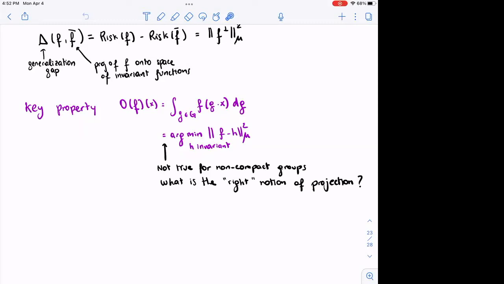So if you want to prove something like that, what is the right notion of projection? I would argue that this is the right notion of projection for the group action, but this is the right notion of projection for the generalization error: how well does your method perform when you train from data sampled from this distribution? Since these two things don't match, this result doesn't really hold.